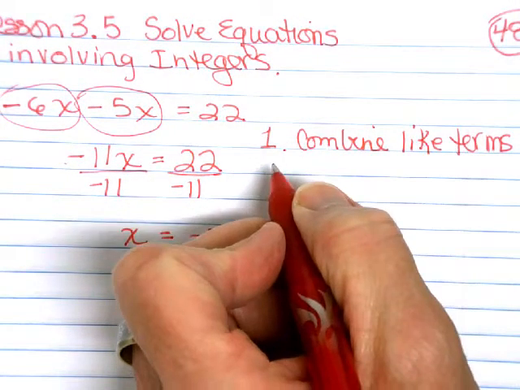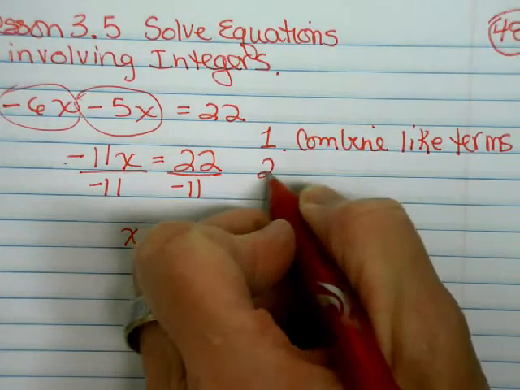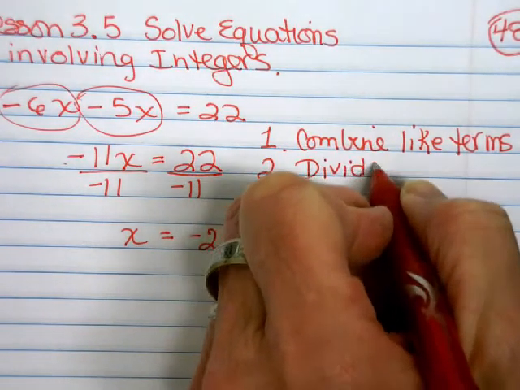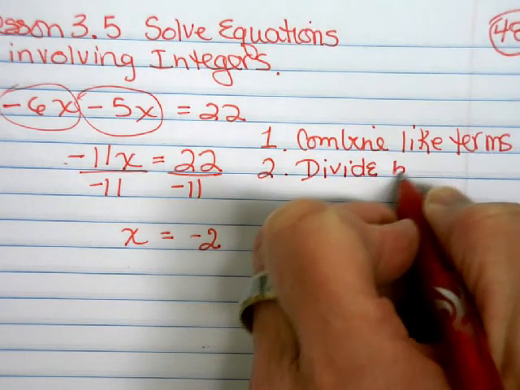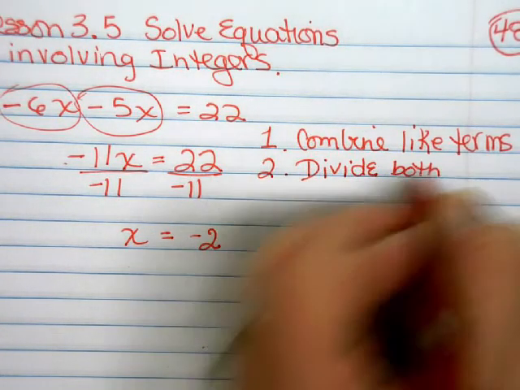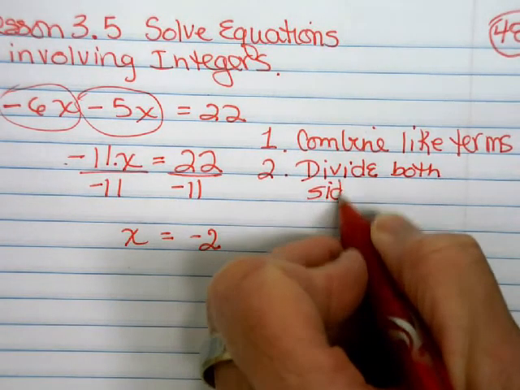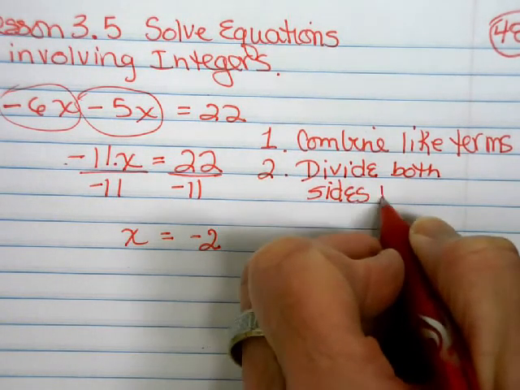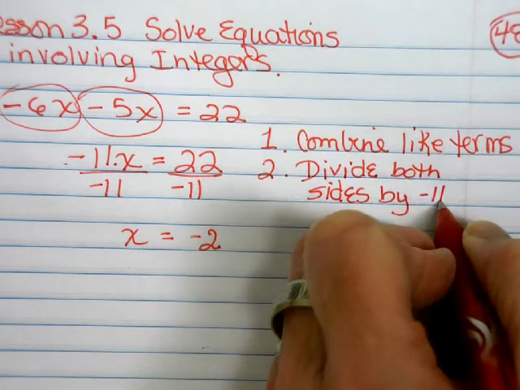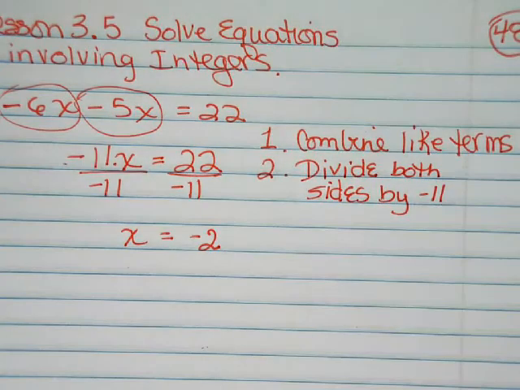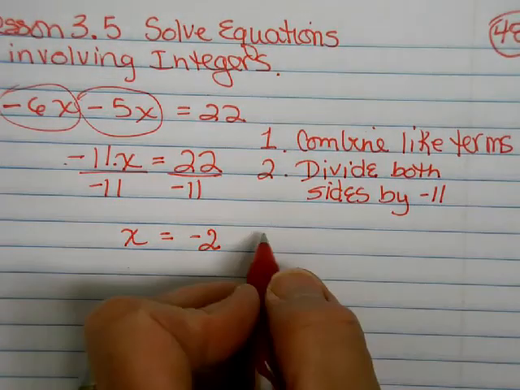Okay, so number 1 was combine like terms. Number 2 was divide both sides, right? Why did I use divide? Yes, it's the opposite of the multiplication that's going on. Negative 11 was the multiplier, so that's why you divide.